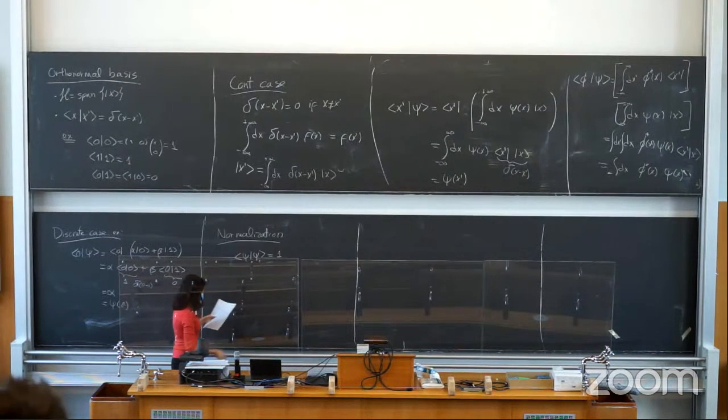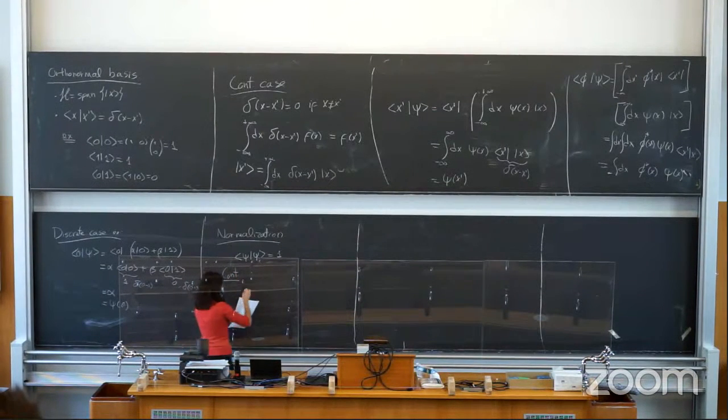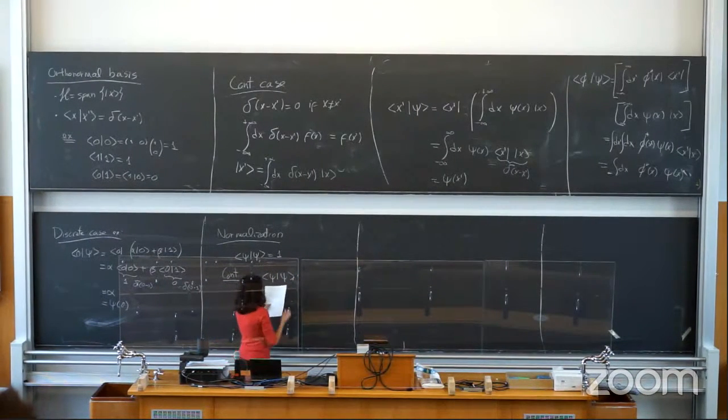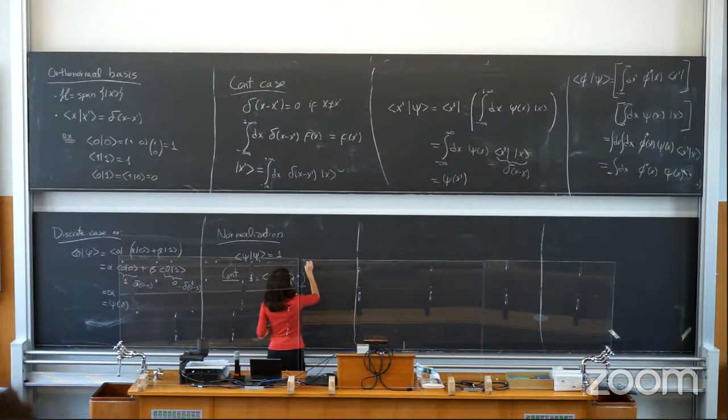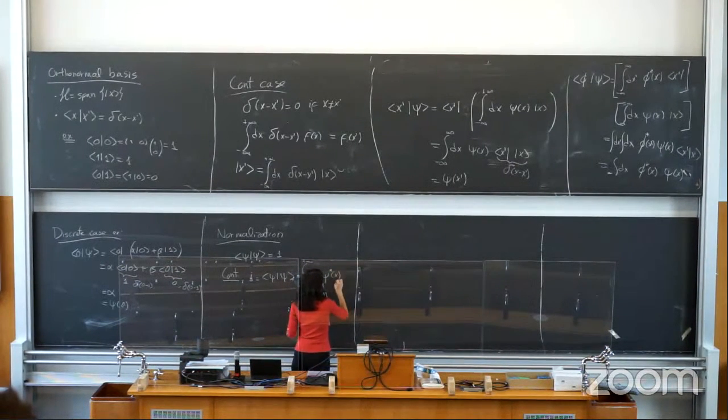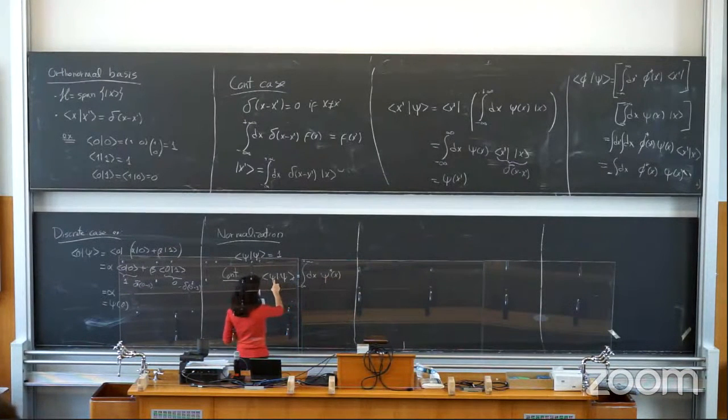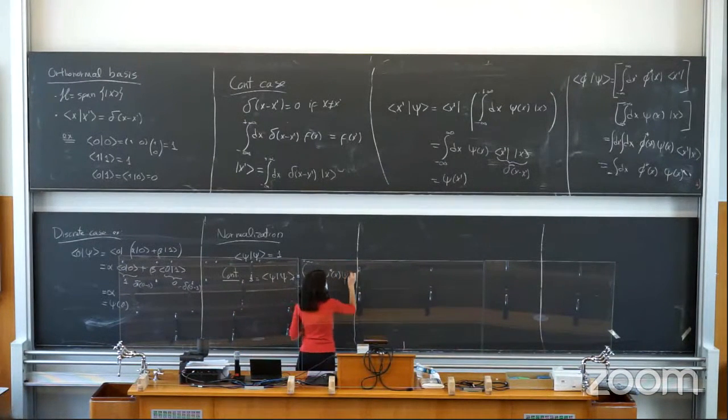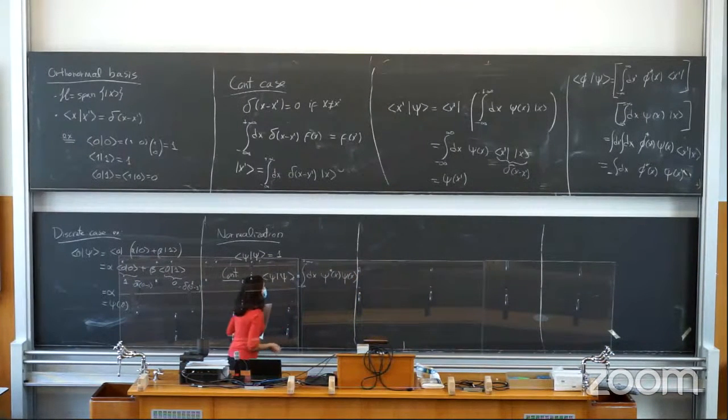So what does this mean in the continuous case? Well, this means that 1 must be this inner product, but we already computed it there. So this is the integral dx of the complex conjugate of the wave function that comes from the first one, and from the second one comes this. And what is a complex number times its complex conjugate?